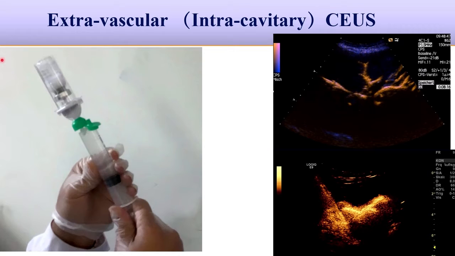Today I will introduce our studies on extravascular contrast enhanced ultrasound. Extravascular means we do not inject the contrast agents into the blood system. The first method is we mix the SonoVue with saline and inject it into the biliary system or abscess cavity.